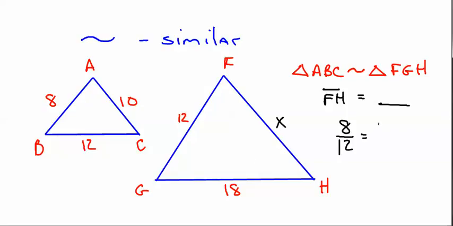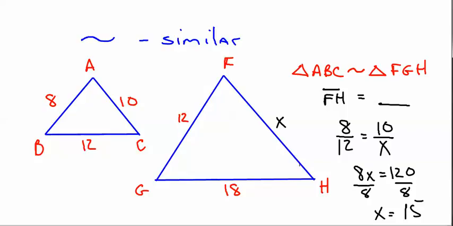So 8 over 12 equals 10 over x. If you crisscross multiply, you get 8x equals 120. Divide by 8, and x equals 15. So that segment right there equals 15.